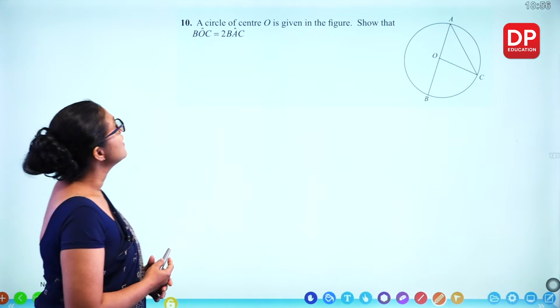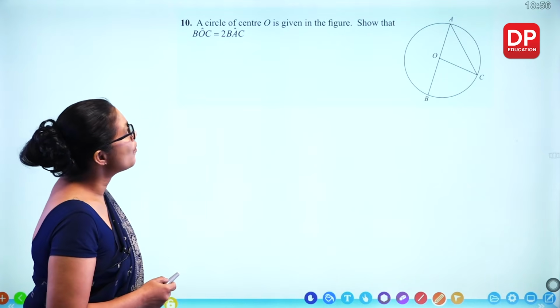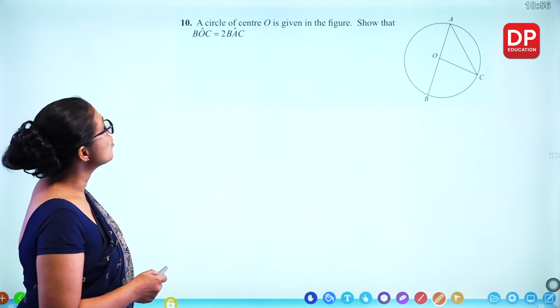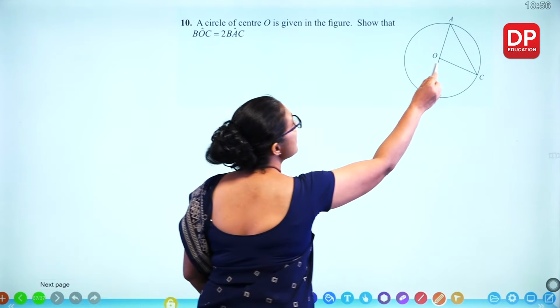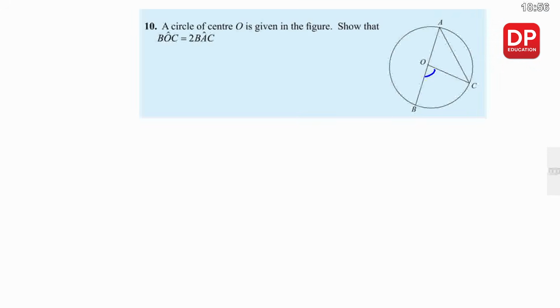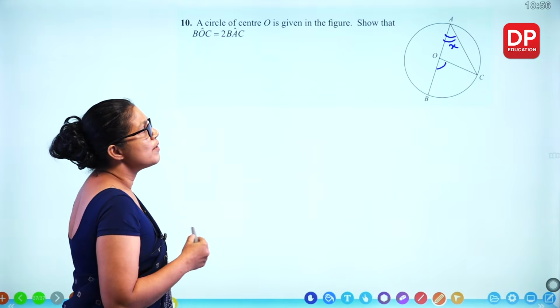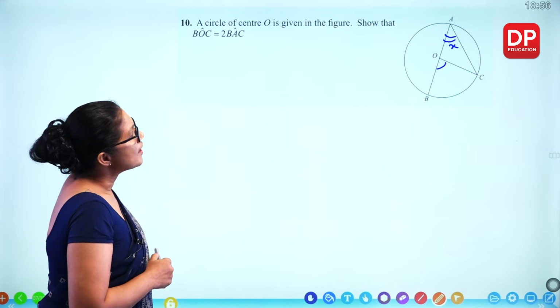10th question. It says a circle of center O is given in the figure. Show that BOC, that means this angle, is double of BAC. So we'll take this one as X and you have to show that that's the double of that. So what can we do?